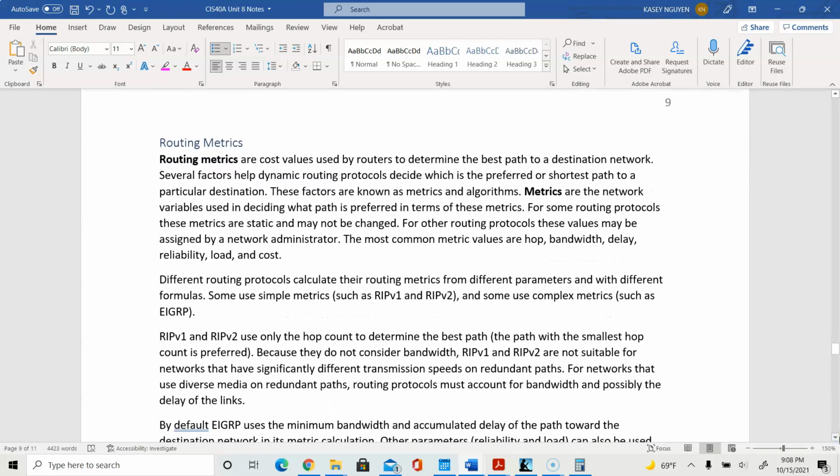Routing uses a metric, which is a way that it keeps track of cost values used by routers to determine the best path.